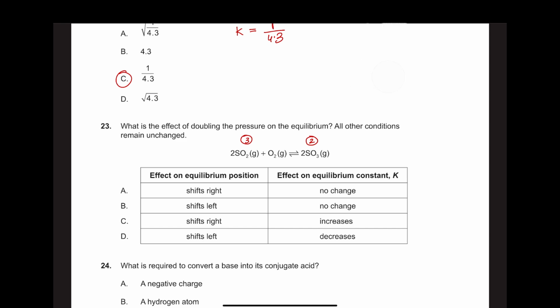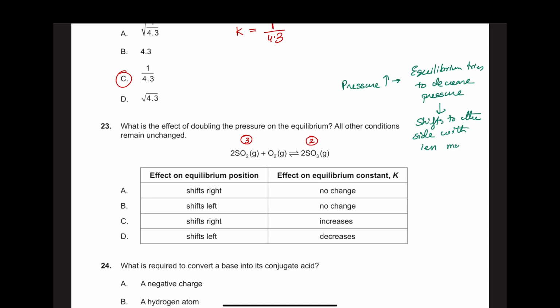So equilibrium will try to decrease pressure by shifting to the side with less moles of gas, because less moles of gas means less pressure.